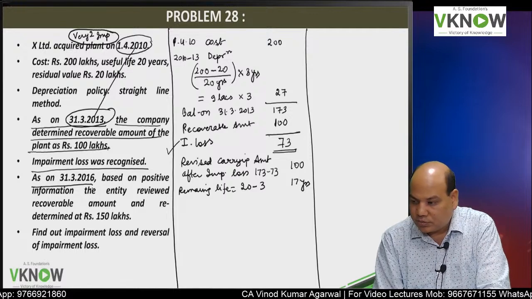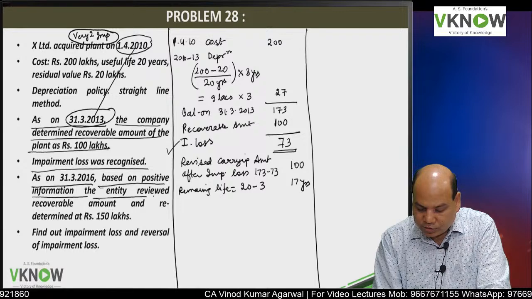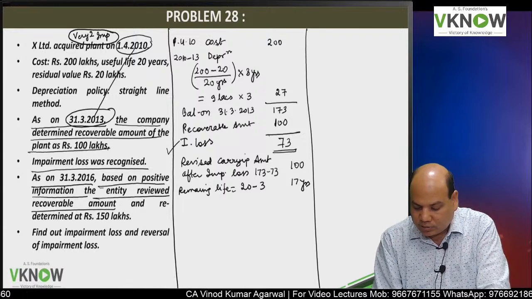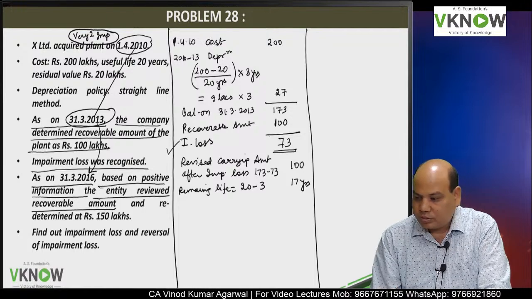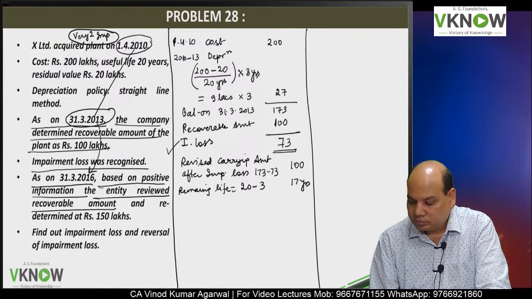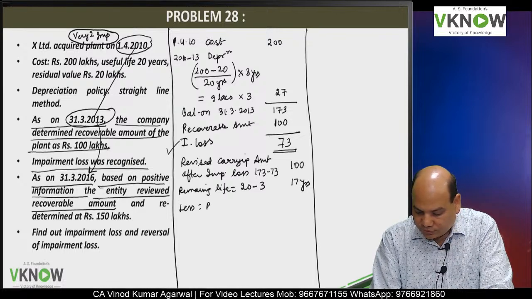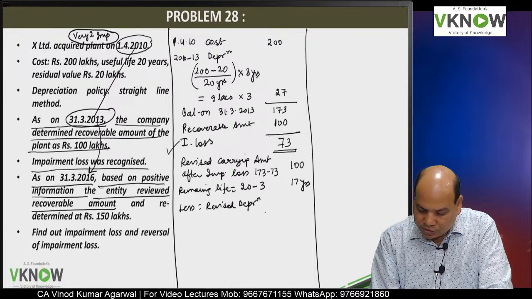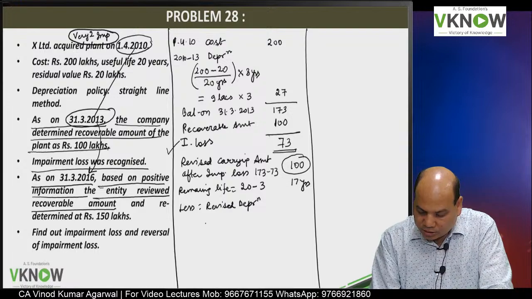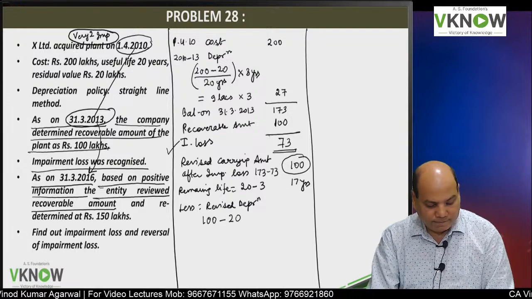On 31st March 23, based on the positive information, the entity reviewed the recoverable amount. So how many years are over? 3 years are over. 3 more years are over. So less depreciation, we can say revised depreciation. Depreciation will now be provided on 100. Residual value is 20.